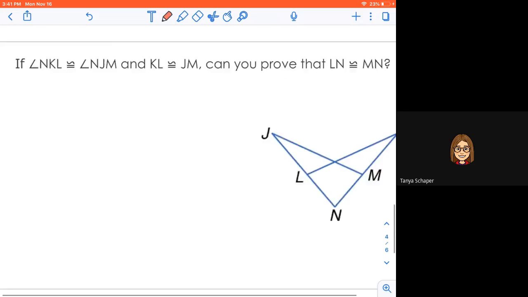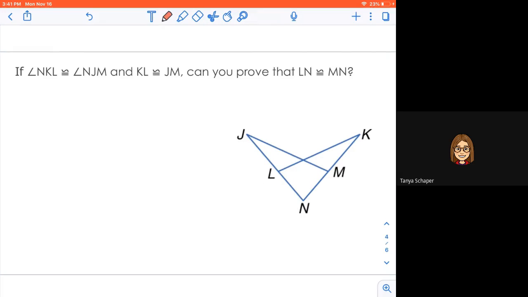All right, so here we go. Can we prove that LN, oh, this is a good one. If angle NKL is congruent to angle NJM, and KL is congruent to JM, can we prove that LN is congruent to MN?